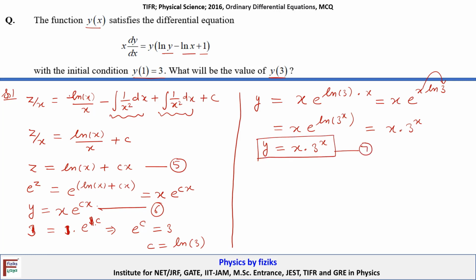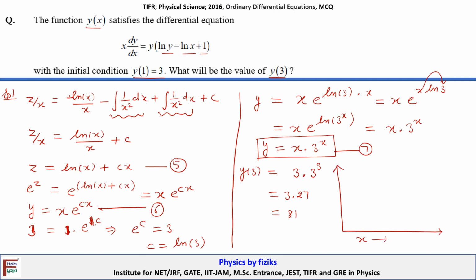Now we have to find the value of y at x is equal to 3. Then we substitute x is equal to 3 in equation 7, and this becomes 3 into 3 to the power 3, which is 3 into 27, equal to 81. We can plot the solution of this differential equation like this.